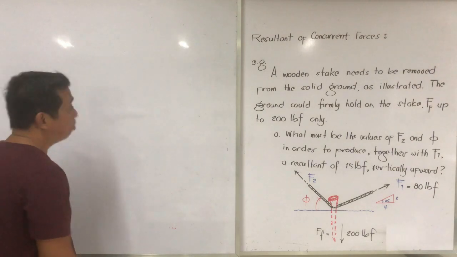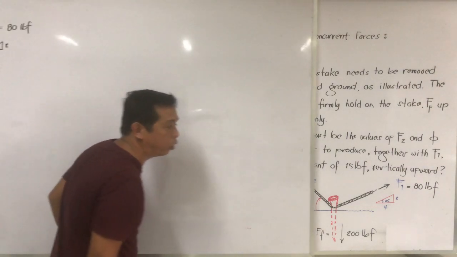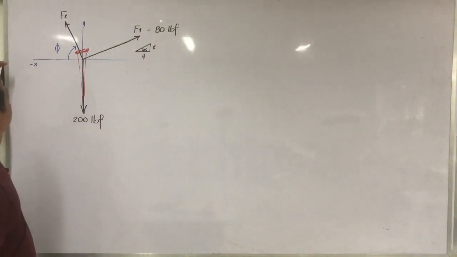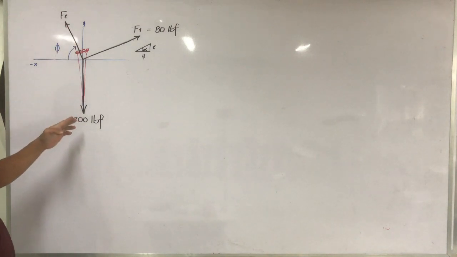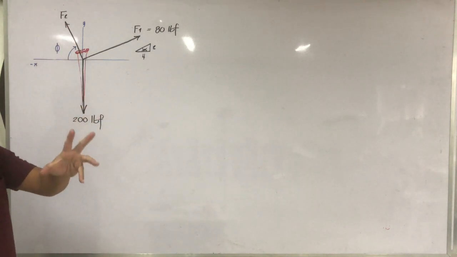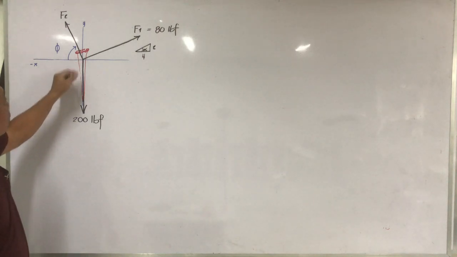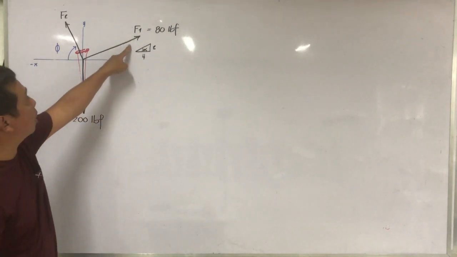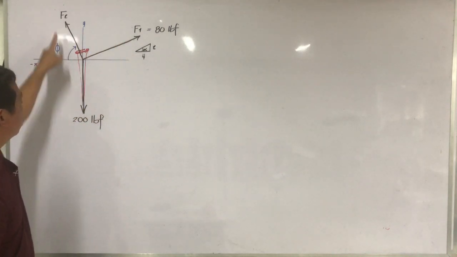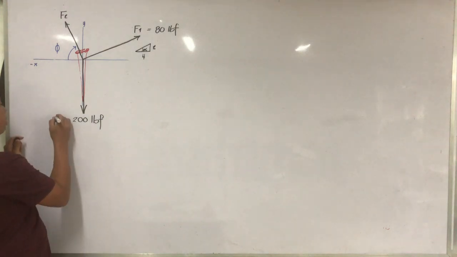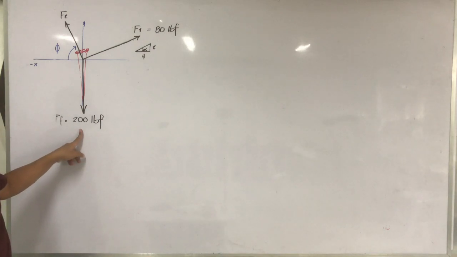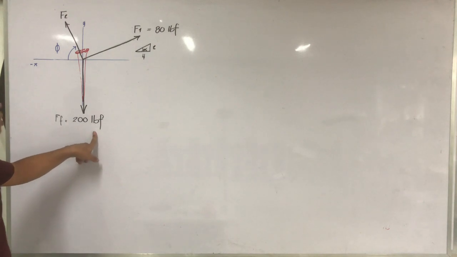Ang gawin natin, pakita natin ano ba mismo yung force system na meron doon sa problem na yan. Ang meron tayo is that plotted against the XY coordinates, ang mga forces, the initial forces that are acting on the single point in the wooden stake are the forces F1, F2, and F sub F. F sub F is the resisting force that's projected 200-pound force downward.